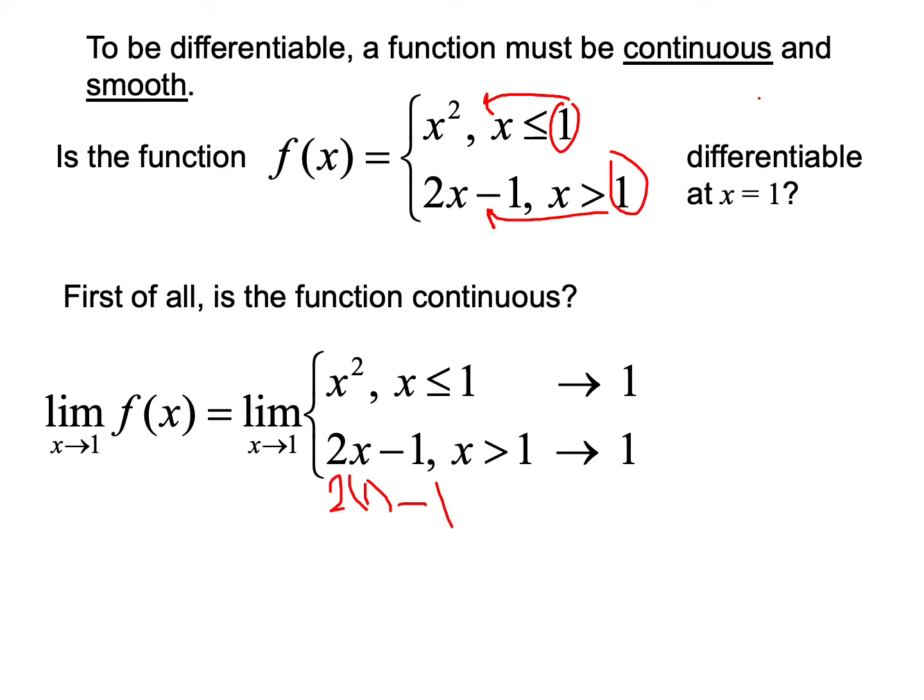That means the function is continuous at x equals 1. So we finished checking the first condition, which is the continuity, which means this function, or this student, graduated from grade 11.